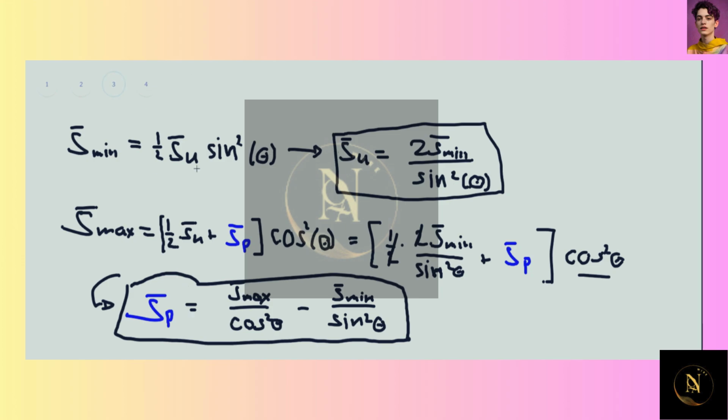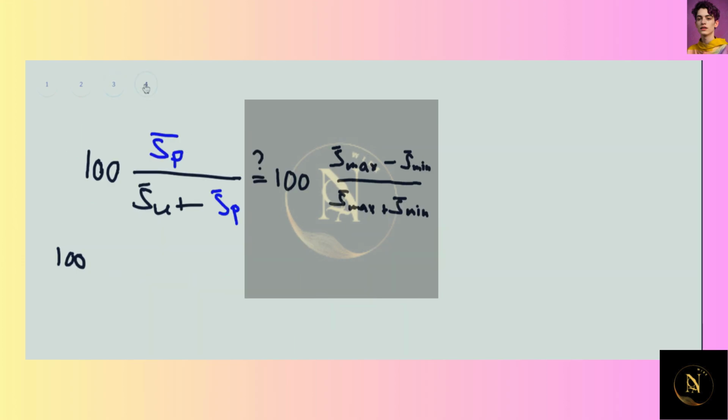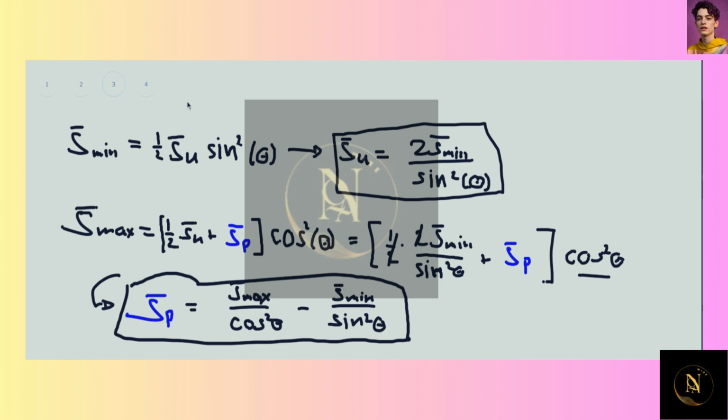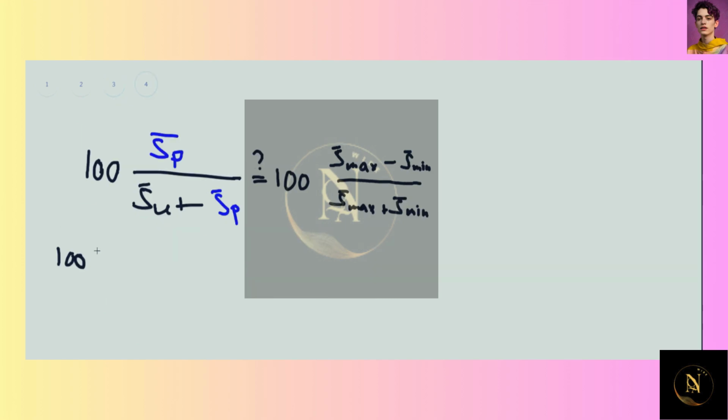So putting that in, we have S bar P is equal to S bar max over cosine squared theta minus S bar min over sine squared theta here.